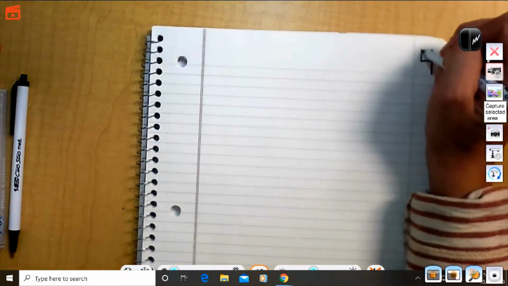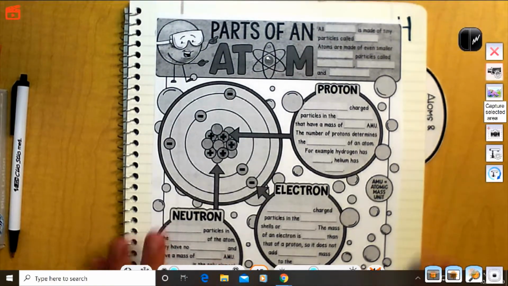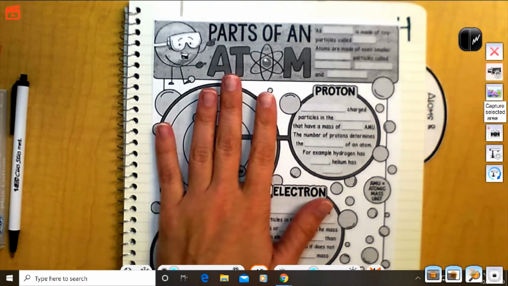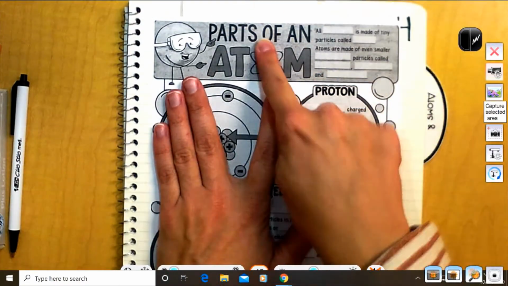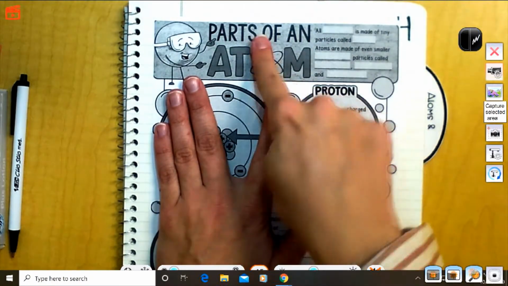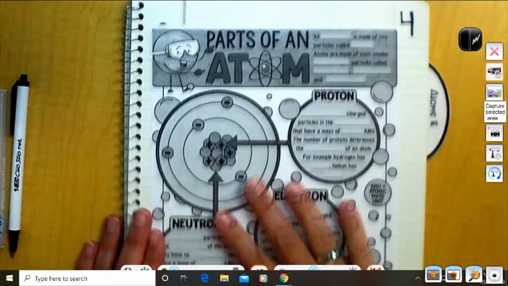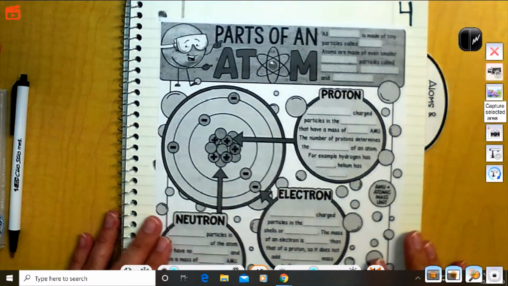So make sure you get that on there, page 4. And you want to look for this paper in your envelope 2. Be very careful because there are 2 that look the same. So make sure you get the one that says parts of an atom, not elements. And there are lots of blanks in here. I'm sure you see them. Guess what?